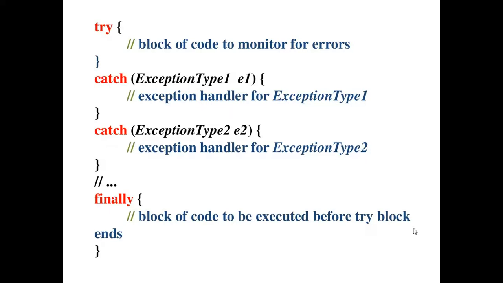Otherwise, we need only one catch block. And a finally block is written whenever we want certain code to be executed even if the error has occurred. Such lines are written in finally.